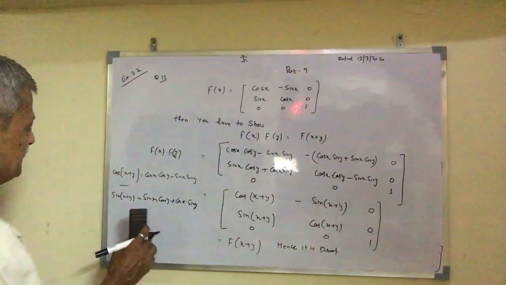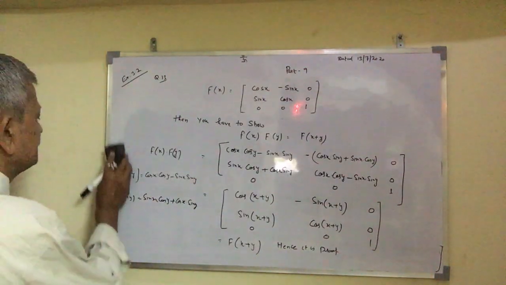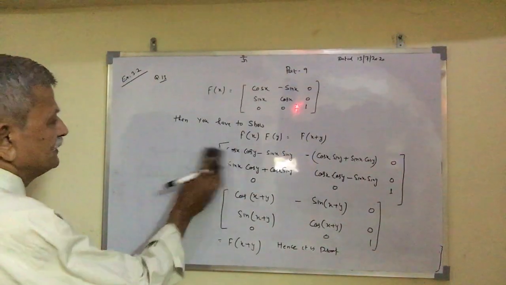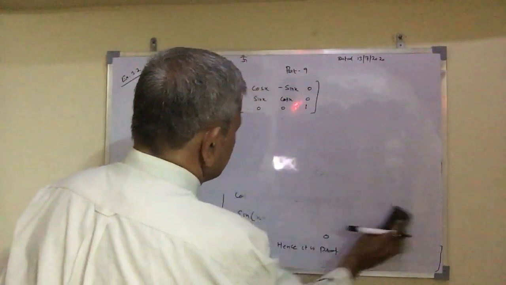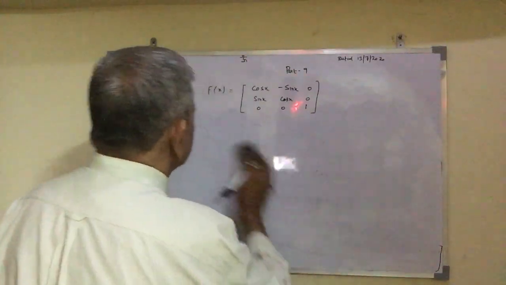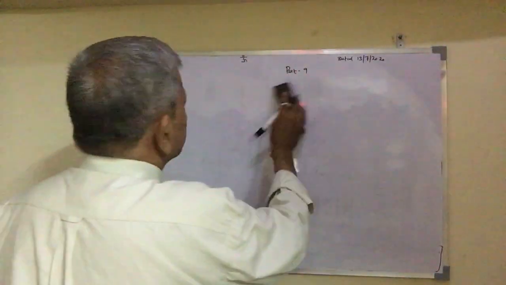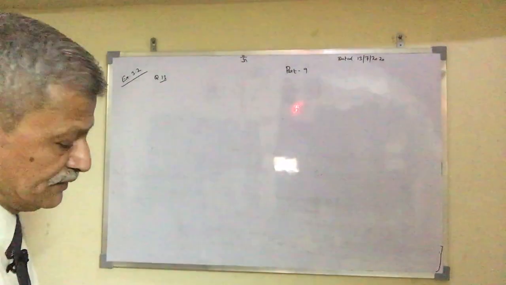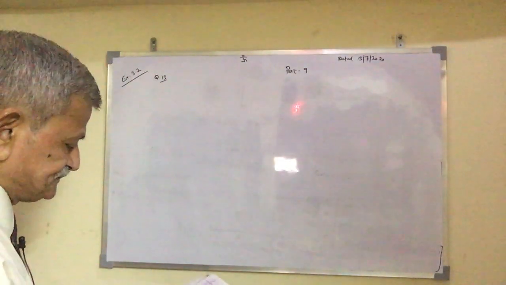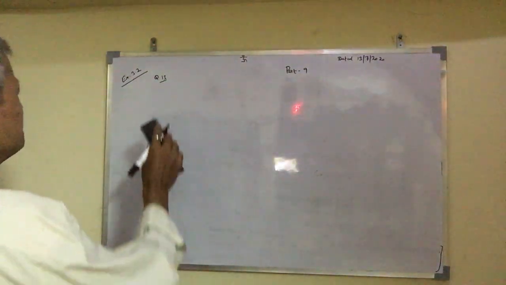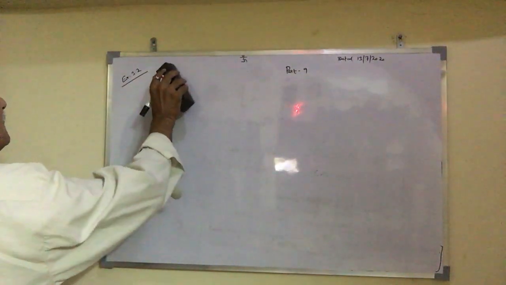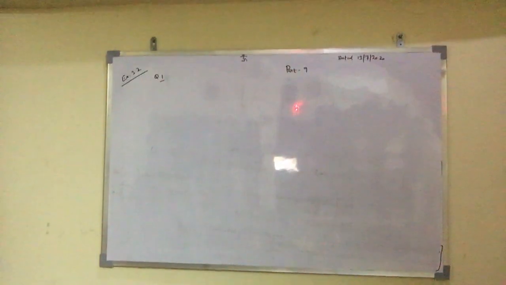Now we will go to the next question, which is a little bit more important than this one. This question is question number 13, which we have just done. Now we have question number 17. Question number 17 is something like this.